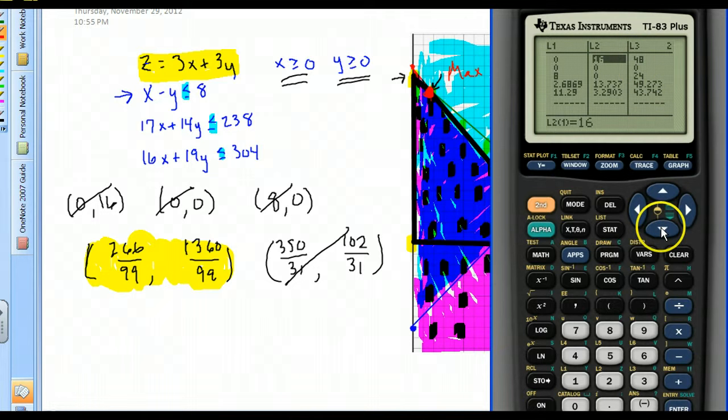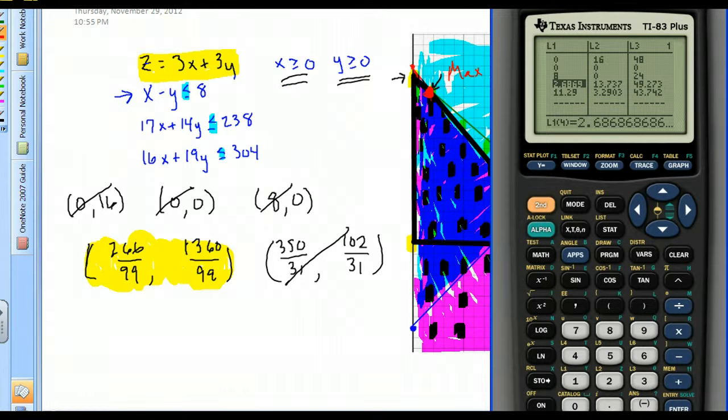And there's the numbers, and we can see here now that this is the maximum and occurs with these values right here. That was the 266 over 99, the 1360 over 99. It's going to automatically put them in there as decimals, but that's how you can use the list menu. You can see the maximum, you can see the minimum right there on your list menu.